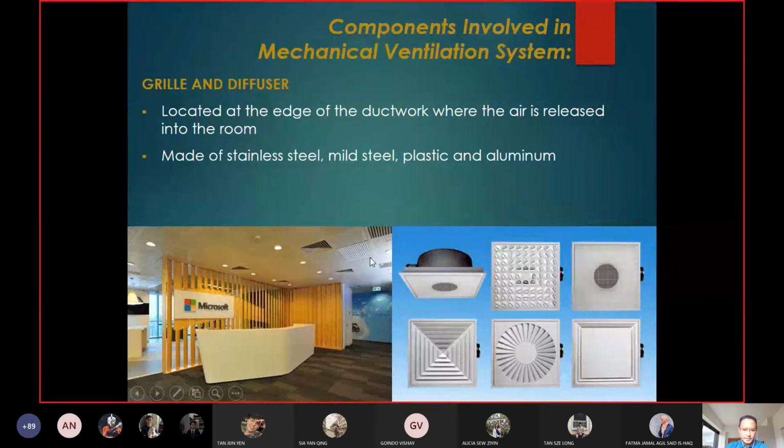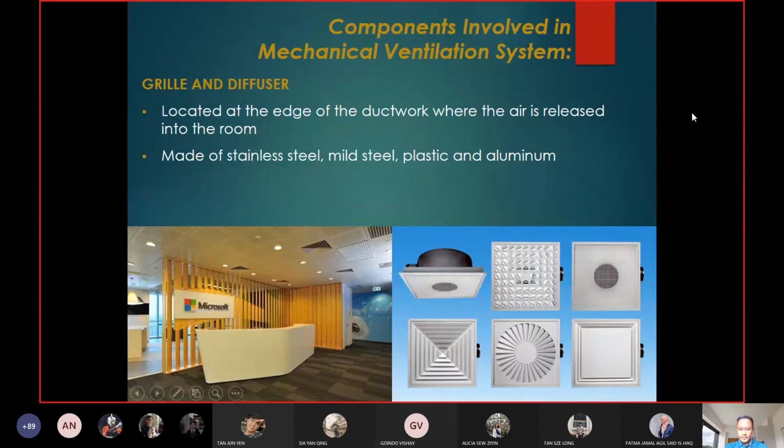So in this case, this image shows the ceiling, which I believe these are air conditioning diffuser. Okay, this smaller one is air conditioning diffuser, but this bigger one is actually for exhaust air, right? So it's actually slightly different between the aircon system and the mechanical ventilation system.